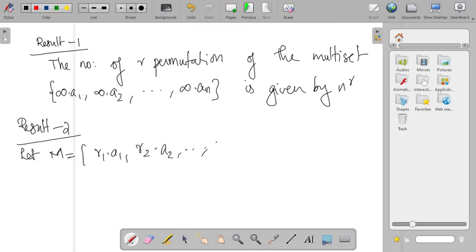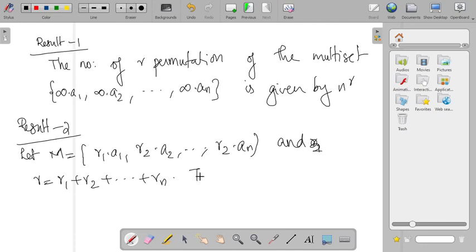so on rn dot an, and suppose we have r equal to r1 plus r2 plus etc. rn. So this is the total number of objects. So when we take this sum r, it will be the total number of objects.